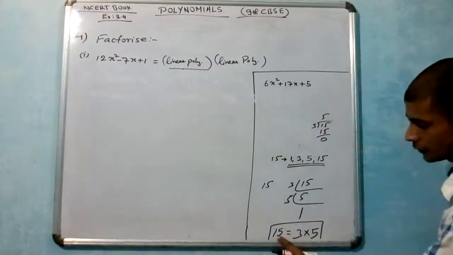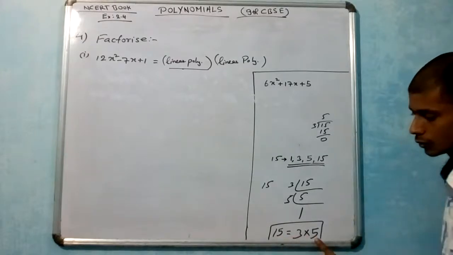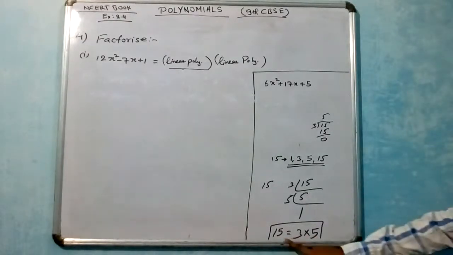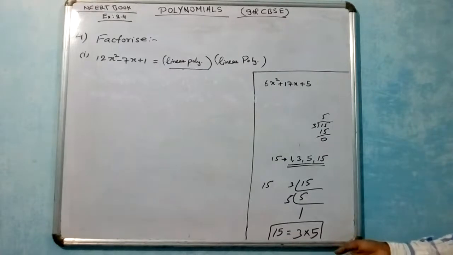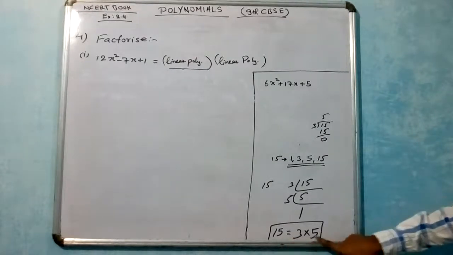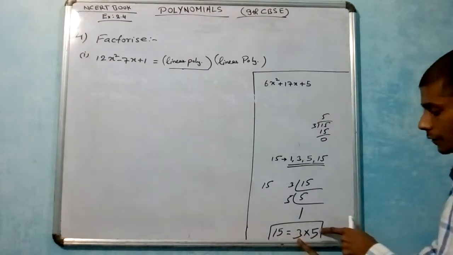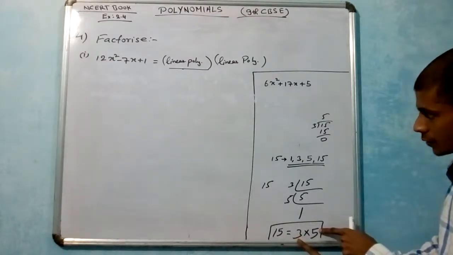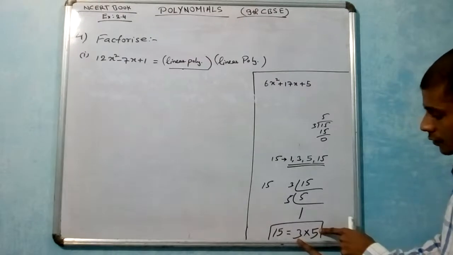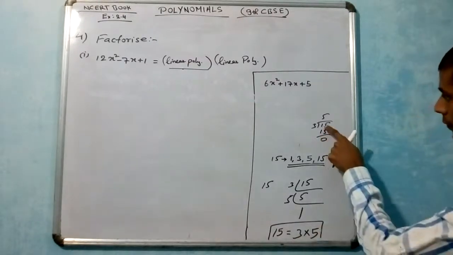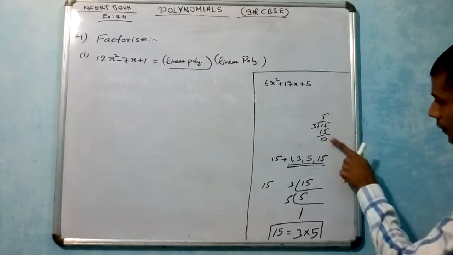For example, see here, 15 is equal to 3 into 5. Please be here, otherwise you will not understand. When 15 is divided by 3, we get quotient 5, remainder 0.